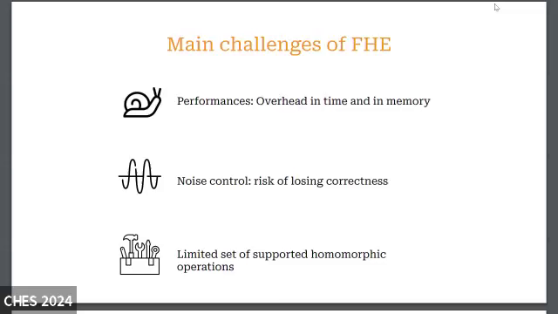And finally, the crypto system provides you a limited set of supported homomorphic operations, so developing complex applications is hard, and we need tools to compile circuits and applications to make development easier.